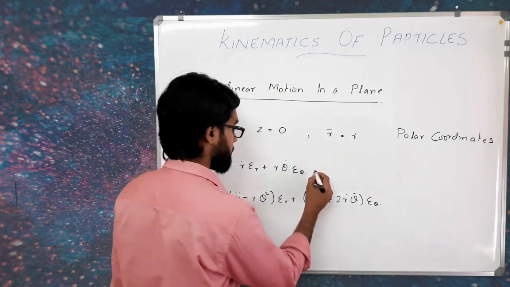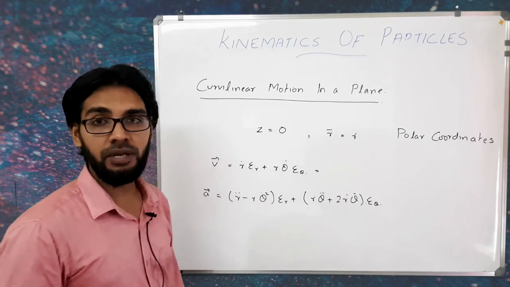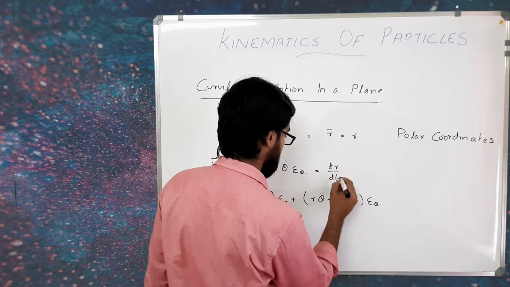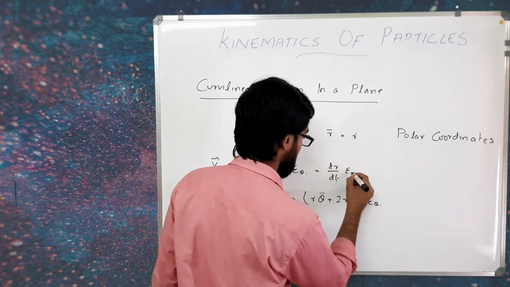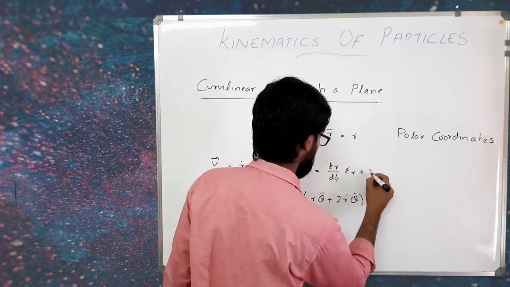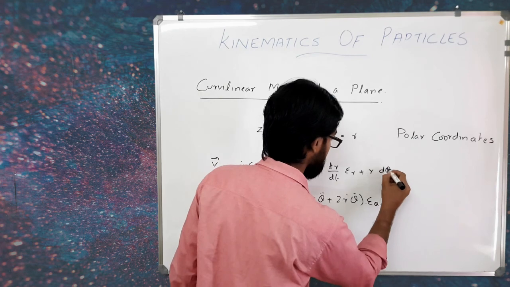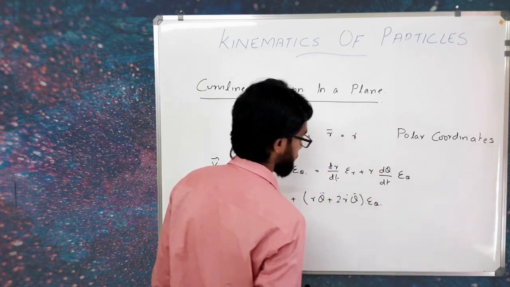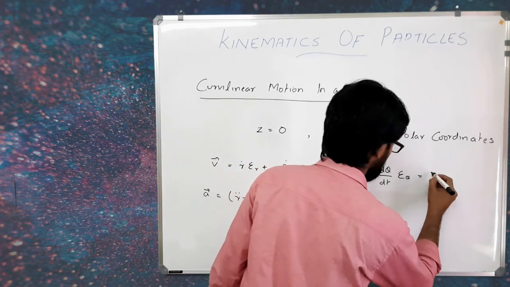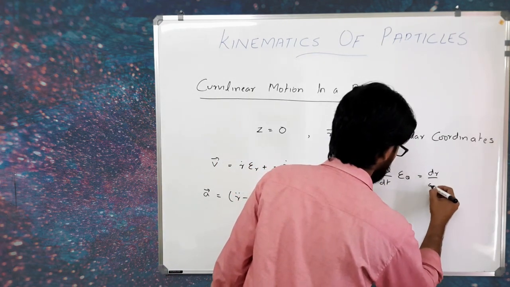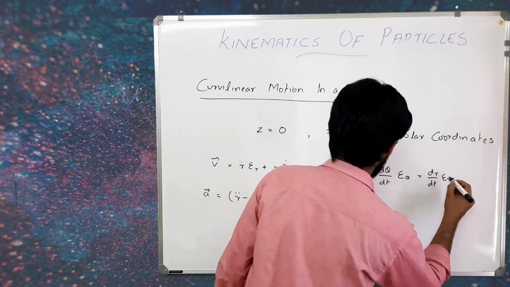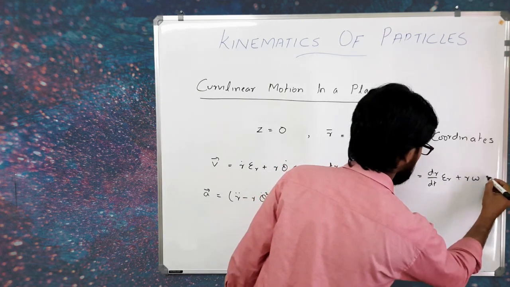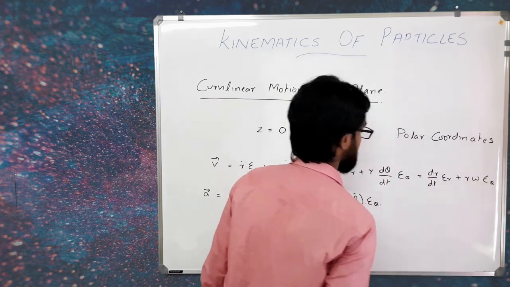Now this can also be represented as dr by dt into epsilon r plus r into d theta by dt into epsilon theta, which will be equal to dr by dt epsilon r plus r omega epsilon theta.